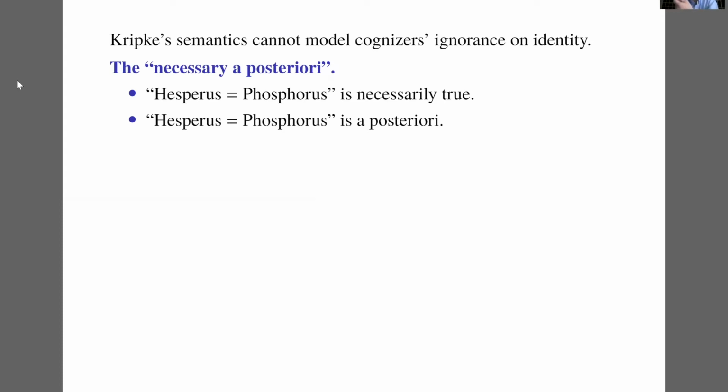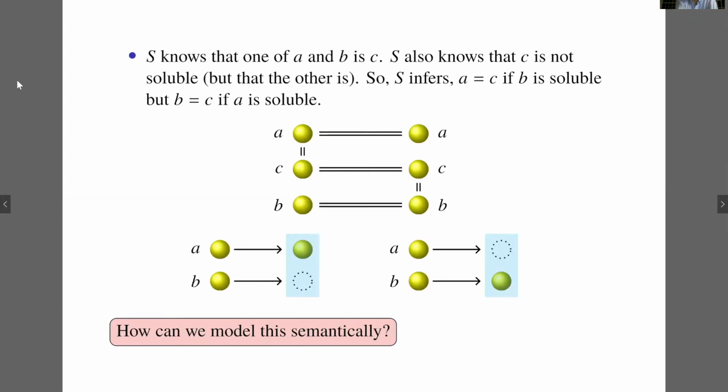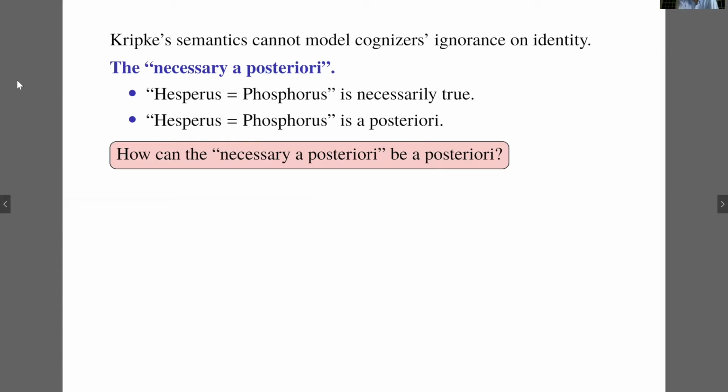But as long as we stick to Kripke's semantics, we cannot express a situation like this. Therefore the question is, how can the necessary a posteriori be a posteriori? How can we model the a posteriority of such a metaphysical fact?